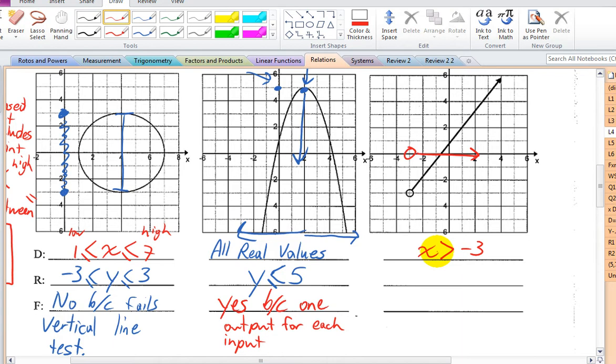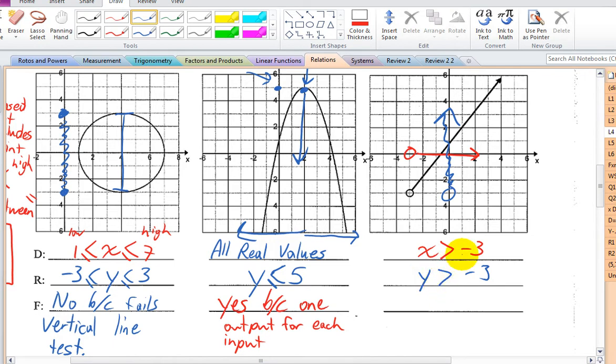Okay. What about the y value? It's at this point and going up. So the point's -3 just by chance. What symbol? Greater than. Okay.